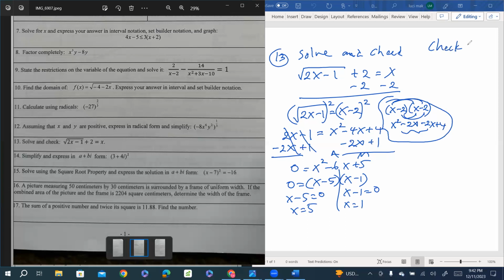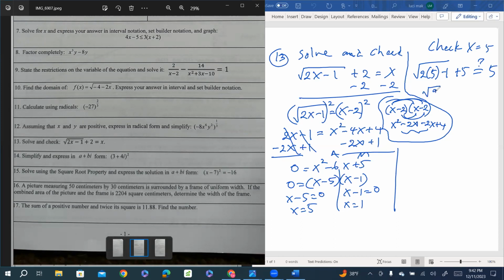So x equals 5. We have the square root of 2 times 5 minus 1, plus 2. Is that really 5? I put a not-equal sign for some reason. All right, so we are checking. 2 times 5 is 10. 10 minus 1 is 9.